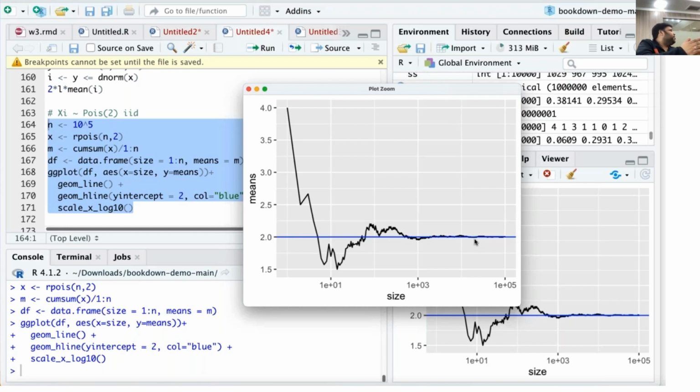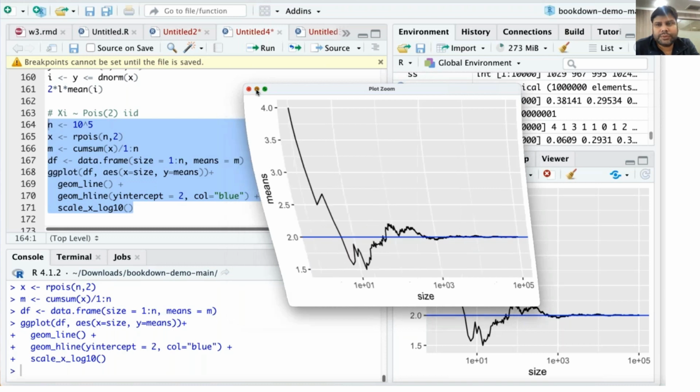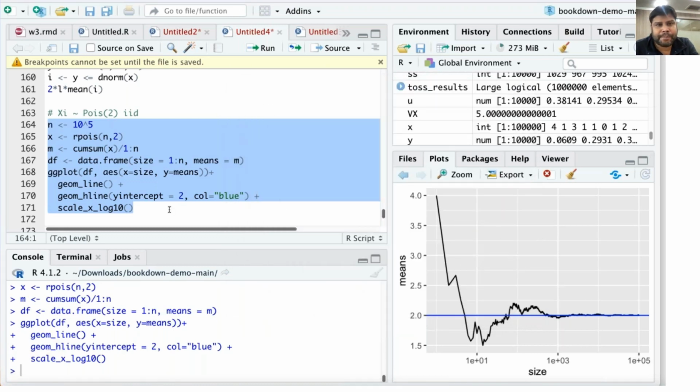So if you want to see clearly what happens between 0 and 100, you can use the log scale. In the log scale, 0 to 10 will occupy the same length as 10 to 100, as 100 to 1000, because it's just 10 squared, 10 cubed, 10 to the power 4, 10 to the power 5. Is this fine?